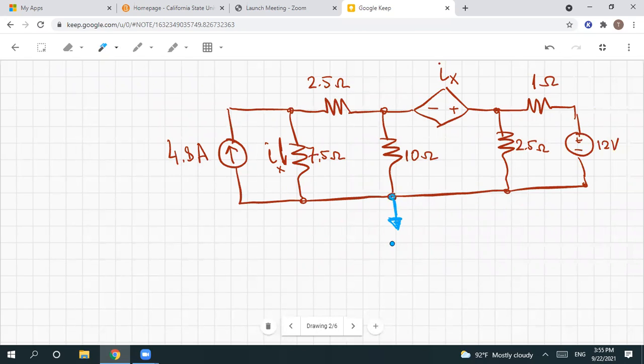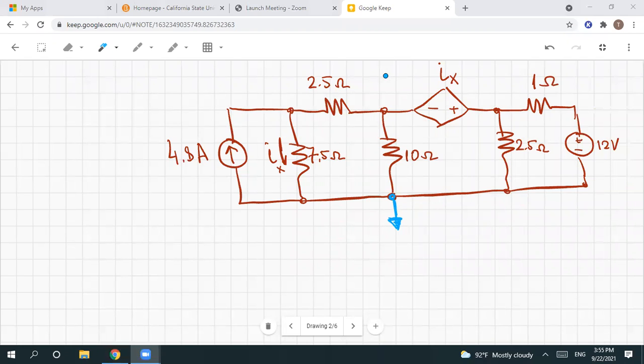So we are selecting this reference because it is connecting 1, 2, 3, 4, 5 components, the most components connecting to any node, and at the same time it is the negative side of a voltage source, which helps us to know the voltage at this side.